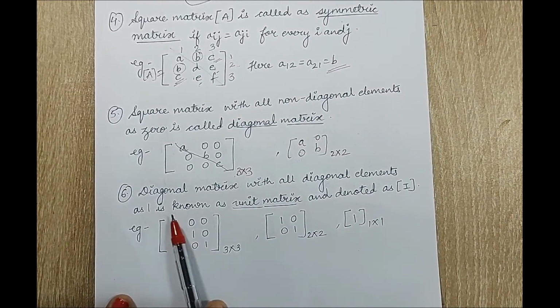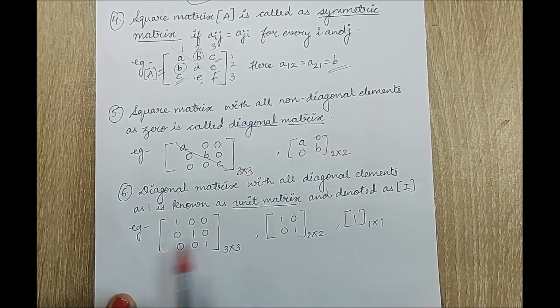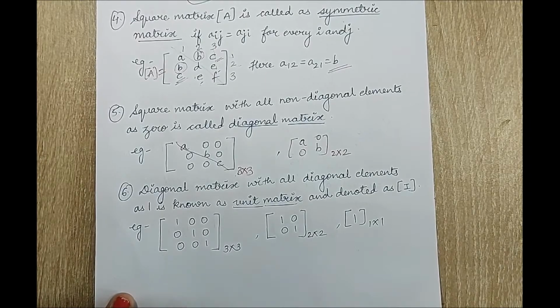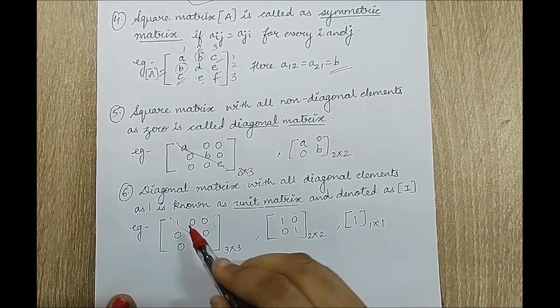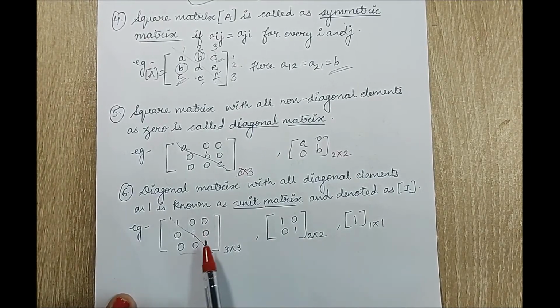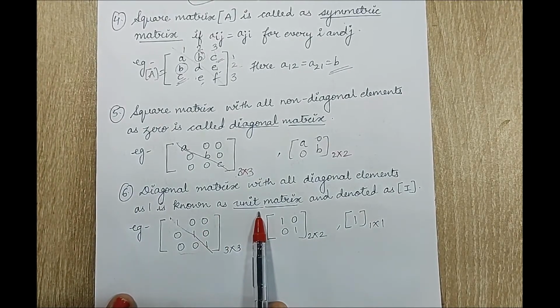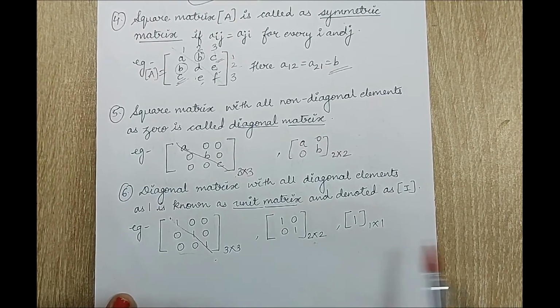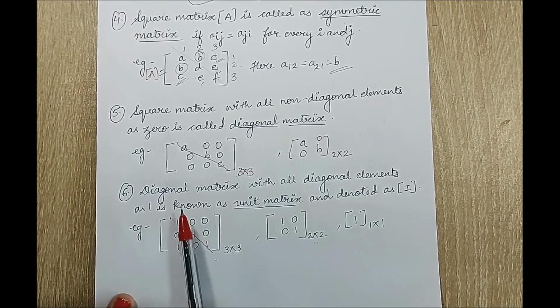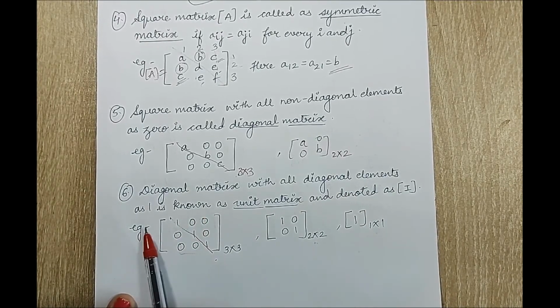Now, suppose a diagonal matrix has all the diagonal elements as 1, this will be known as a unit matrix. If you observe here, all the diagonal elements are 1 and the rest of the elements that you see are 0. So this type of special diagonal matrix is called a unit matrix. Now this is a 3 by 3 type. This is a 2 by 2 type. You can also have a 1 by 1 diagonal matrix, which is very important because it is written that a diagonal matrix has diagonal elements as 1.